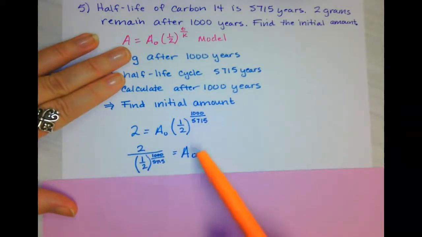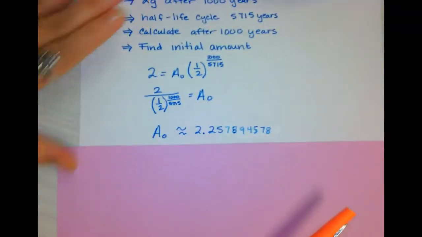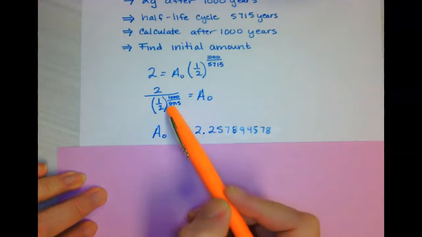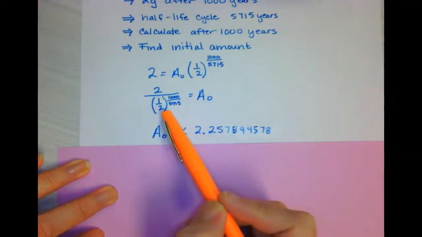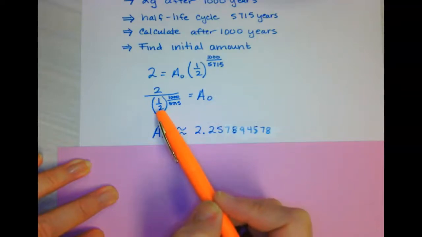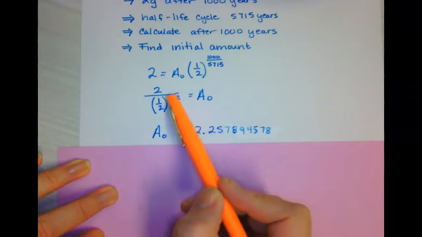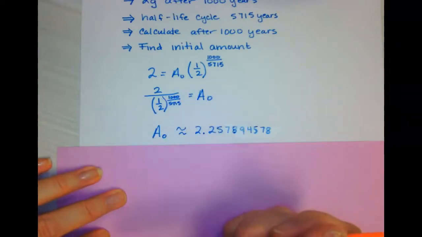And once we have A sub 0 by itself, we go to our calculator and we punch it in. I should be able to get a fraction template, put a 2 in the top, go to the bottom of the fraction, you could either do 1/2 as a fraction, or you could do 0.5, exponent key, and then put your exponent in as a fraction. I can't tell you how important that is.